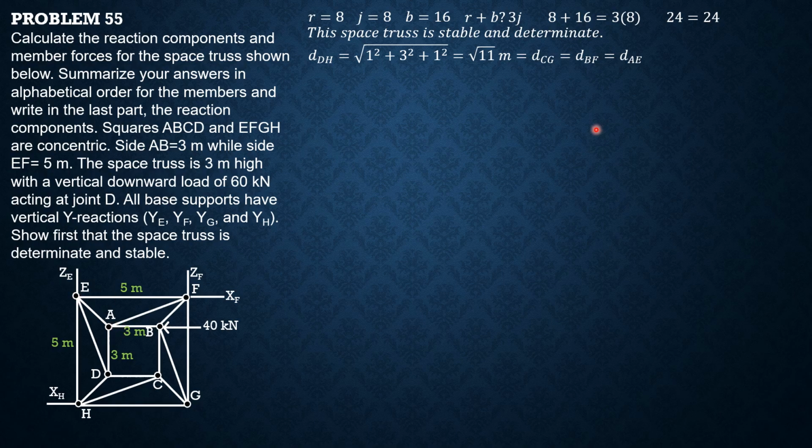While distance CH is square root of 4 squared along X, 3 squared along Y, and 1 squared along Z, so square root of 26. It is also equal to distance BG, DE, and AF.